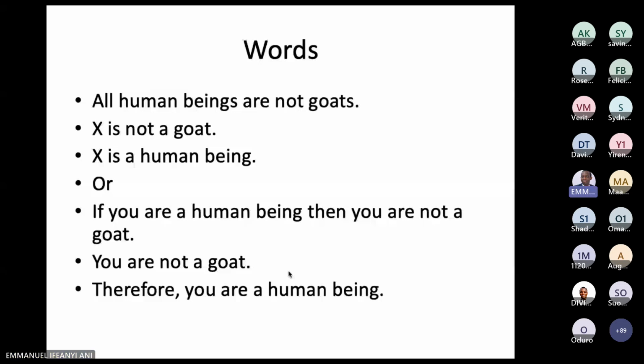So then you can ask yourself, why is this argument not correct? When you look at it closely and use your common sense, you begin to see why. If you say all human beings are not goats, which is correct, and then you say X is not a goat, therefore X is a human being, you begin to see a weakness. The fact that X is not a goat doesn't mean that X is a human being.